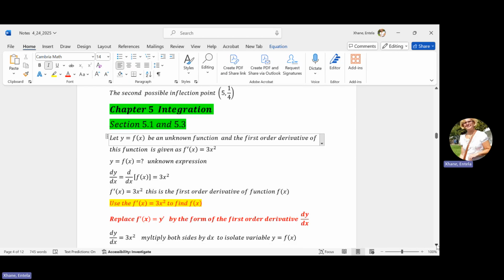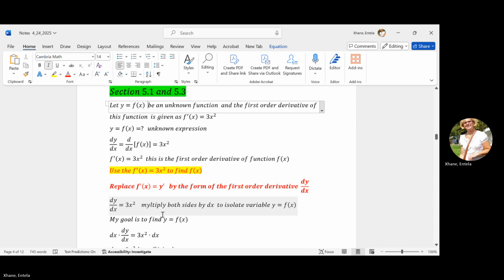Now my goal is to find the y. So I'm going to replace f prime of x by y prime, and then eventually write y prime in the form dy dx, and change this into dy dx equals 3x squared. I'm going to consider this as an equation and solve it for variable y. So how do I solve this for variable y? First, I eliminate the denominator, which I did in my previous example, question number 7 of HW8.